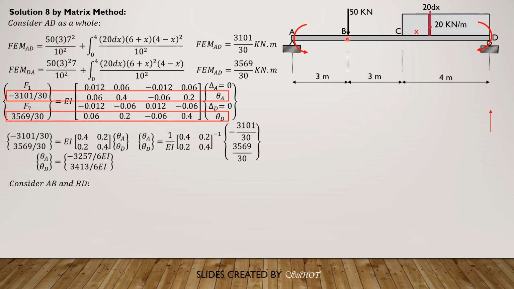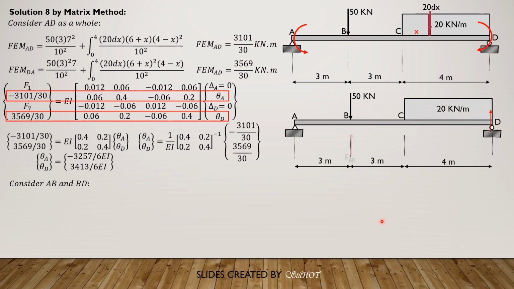And considering BD, we call this FBR, then the moment is to be computed by integration. Then this is moment at the right end, moment BD, and this is the force or reaction at D, which is not important because the displacement at D is 0. So first, fixed moment, we consider a strip.